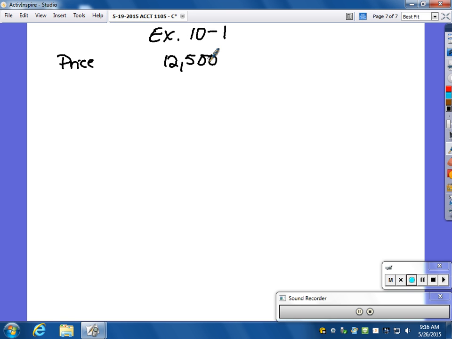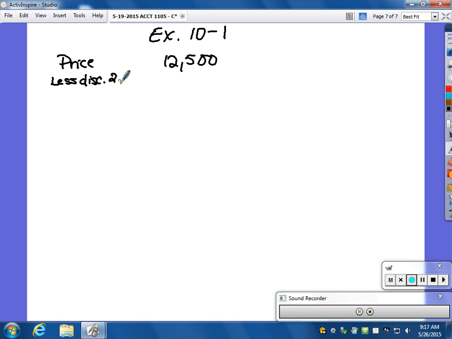Okay, and what's the next cost that we're concerned about? The freight charges. What should we do before we include freight? The discount. And why do I say that? The discount comes directly from the price paid, right? Yes. And the discount percent was how much? 2%.